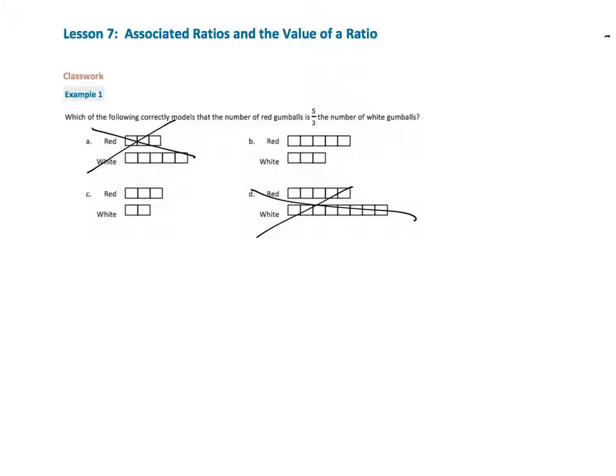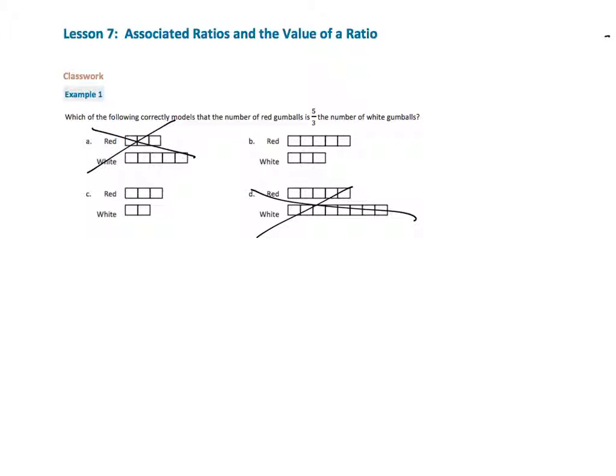Well, for B, we have 5 red and 3 white, and for C, we have 3 red and 2 white. Well, let's see, we have 5/3 the number of white gumballs. If we counted the number of white gumballs as the whole, then that would be 1.